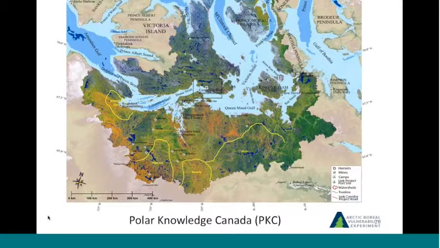as are the activities of Polar Knowledge Canada, which is Canada's polar research program writ large, and the Canadian High Arctic Research Station is a key part of that, where they're building a pretty impressive facility in Cambridge Bay that will house investigators, and so they're a key partner in this, and they will co-fund projects.